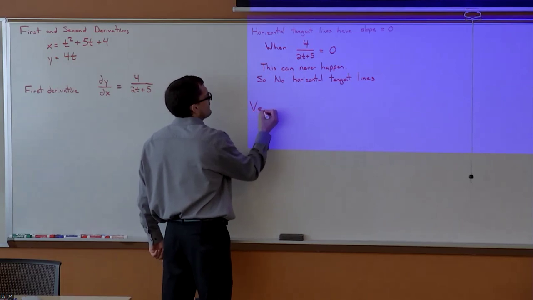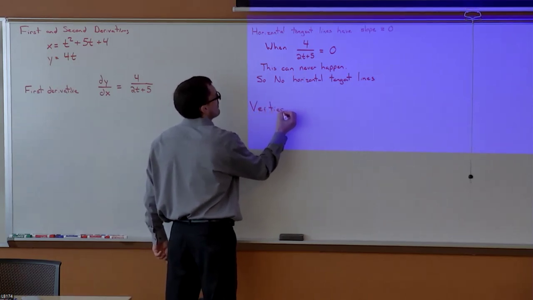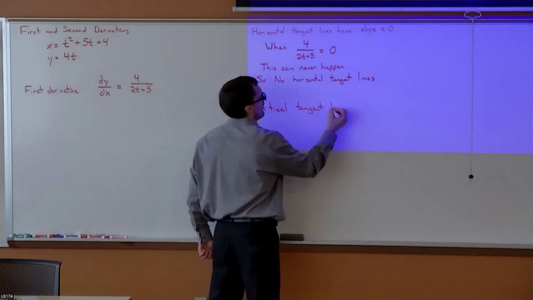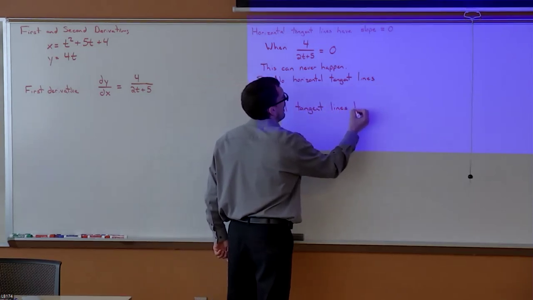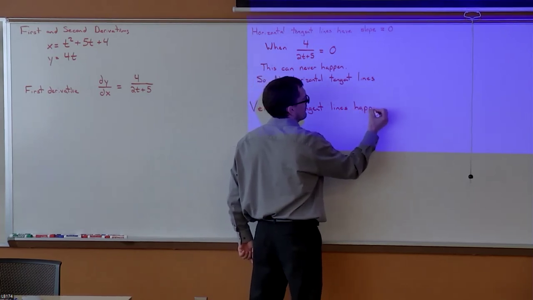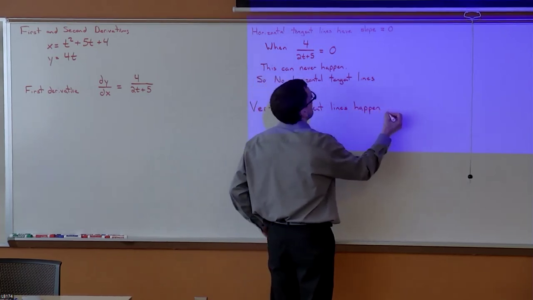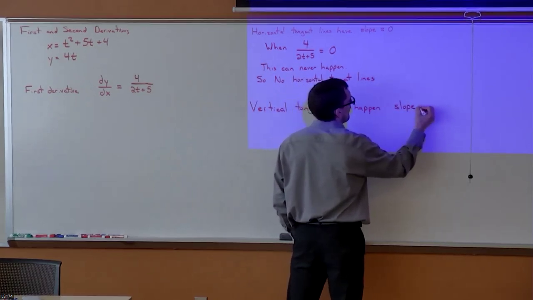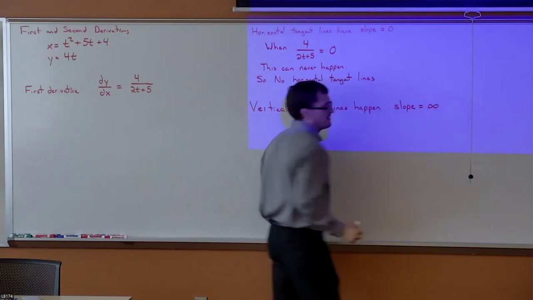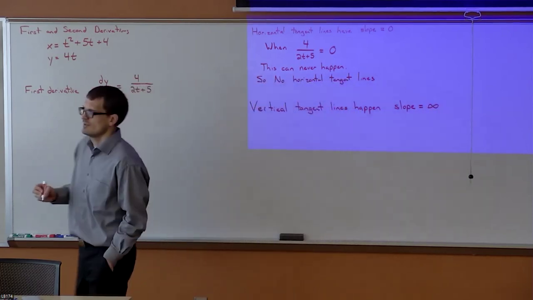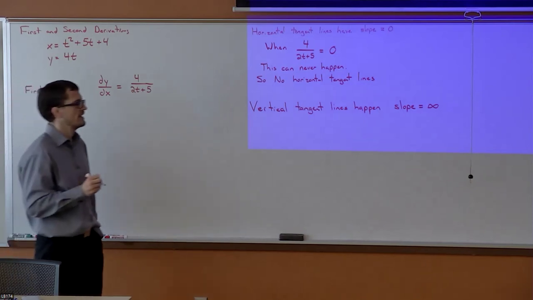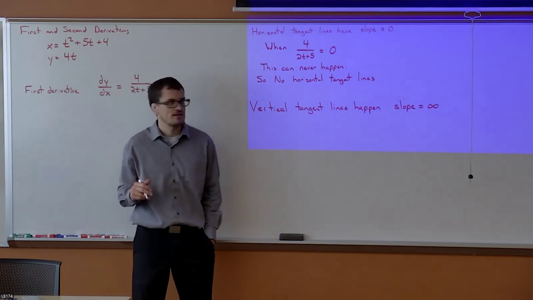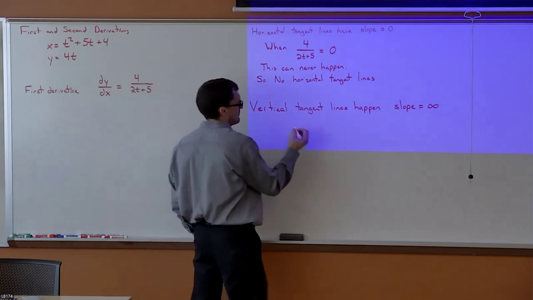Now, on the other hand, vertical tangent lines happen at asymptotes. So we think of the slope being infinite. I'm not going to be real precise on my language here, but the limit when it goes off to infinity. Think asymptotes.